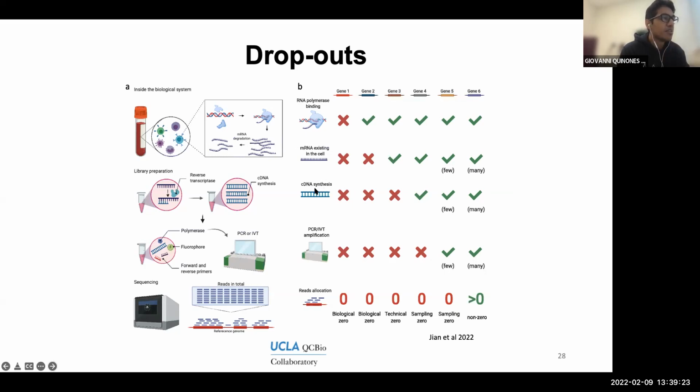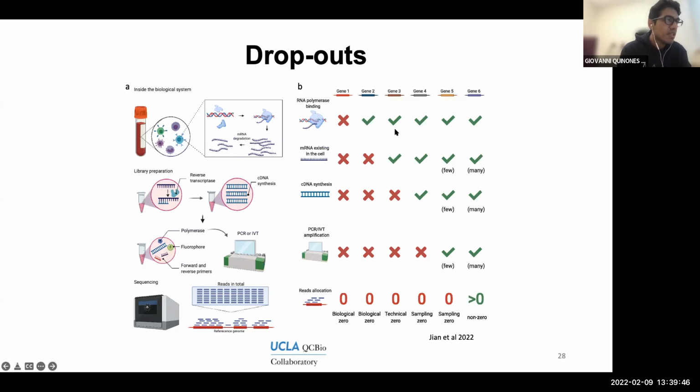So if you remember this step in our pipeline, this is where you have your RNA molecule, and then we add the reverse transcriptase enzyme. And this enzyme is going to convert your RNA into cDNA, and the cDNA is the molecule we're actually sequencing.